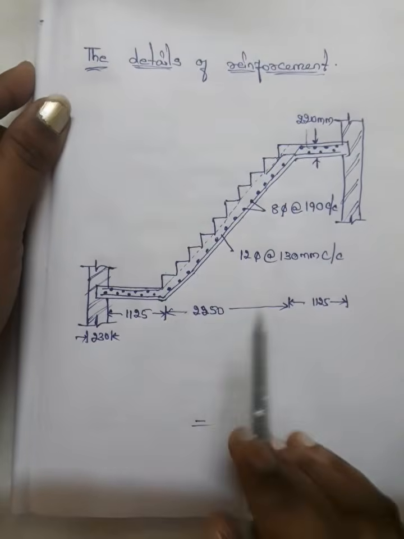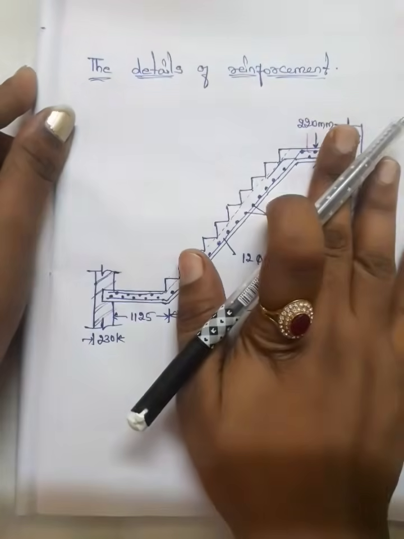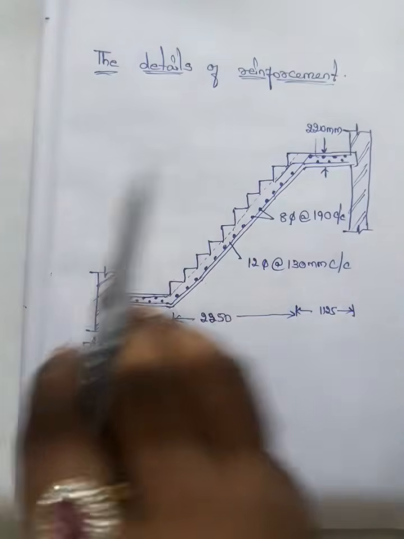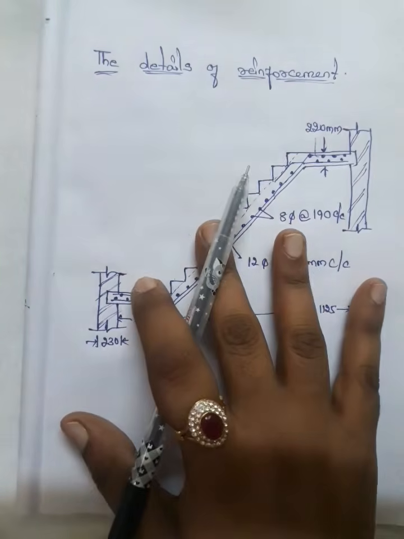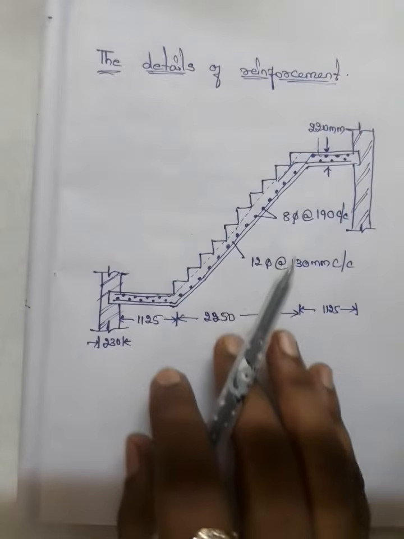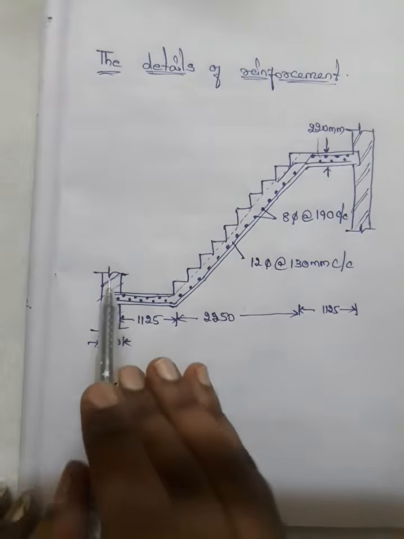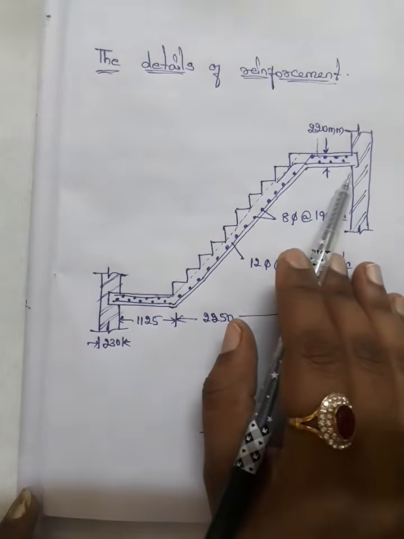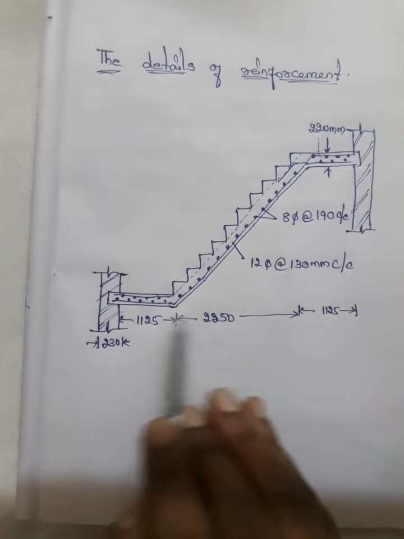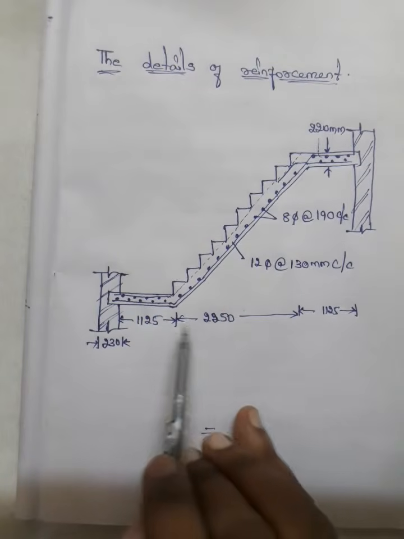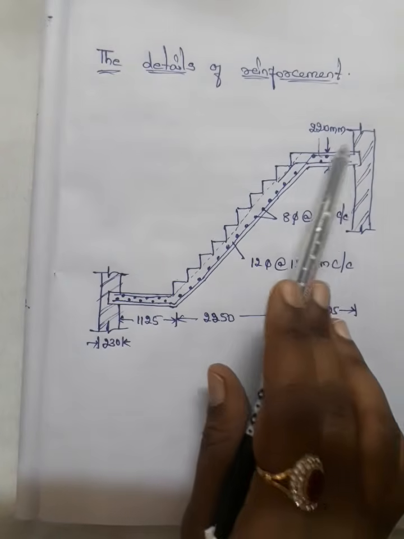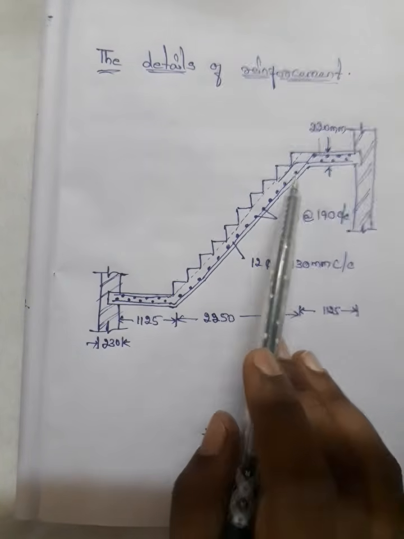So we'll see now the last step. After finding the distribution reinforcement, you need to draw the details of reinforcement, whatever you have calculated till now. Draw the dog-legged staircase and mention all the dimensions: landing dimensions, complete stairs, stair length, and the 230 mm thickness of the wall.